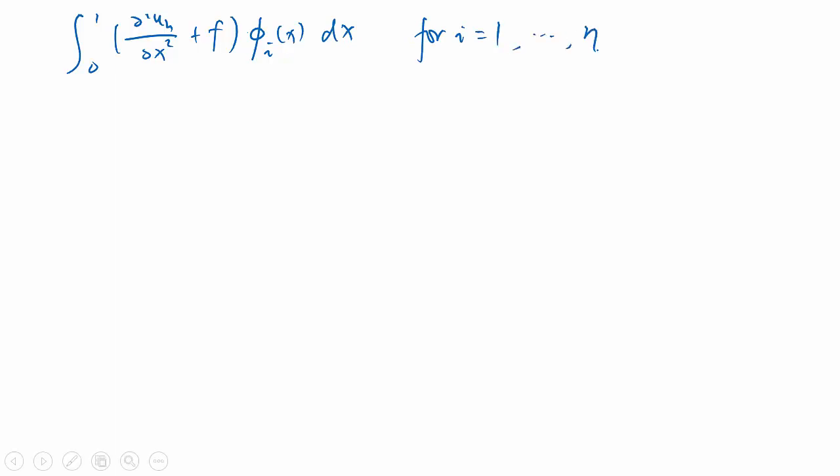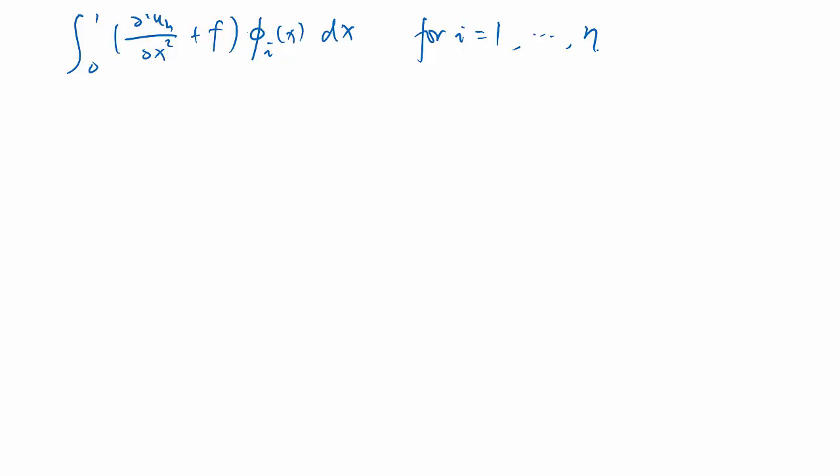We can just write this equation, instead of for delta G, for phi I of x dx for I goes from 1 to n, where n is the number of basis functions. So instead of infinite equations, we get a finite number of equations. That's good. Now what is missing?